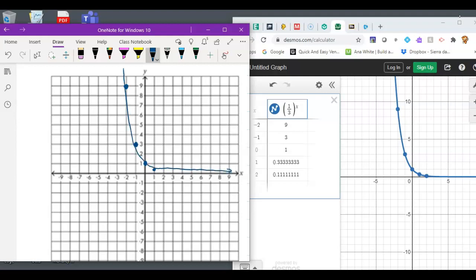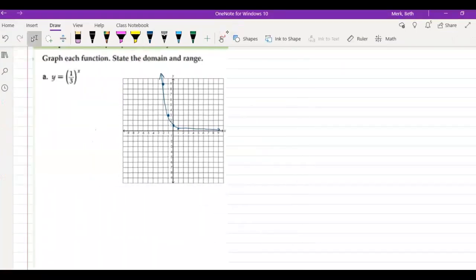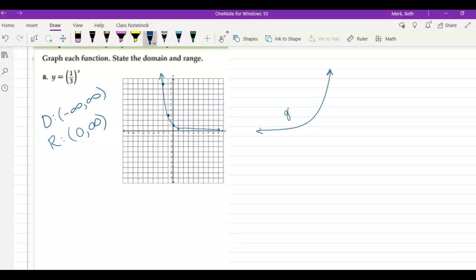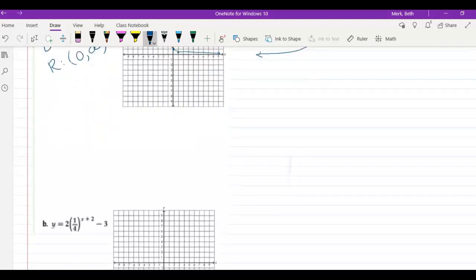It's getting closer and closer to 0, but it's never crossing. When we talk about the domain, we're going from -infinity to infinity still. And the range is still from 0 to infinity. But with growth, the function from left to right looks like this. With decay, it starts out big as you go from left to right and gets smaller.